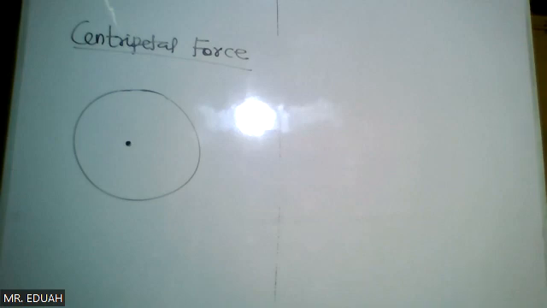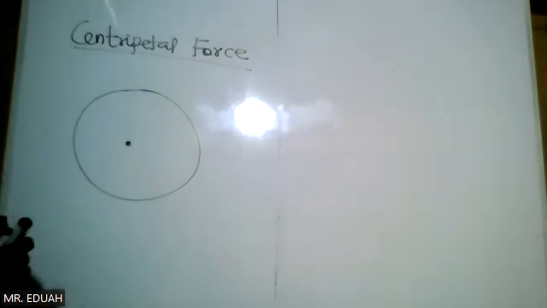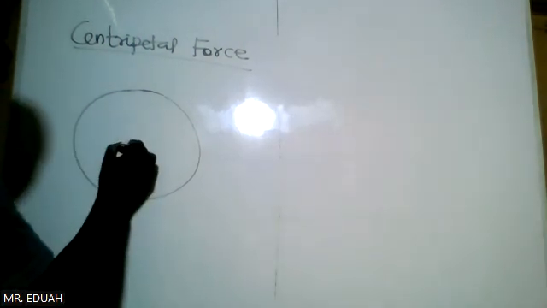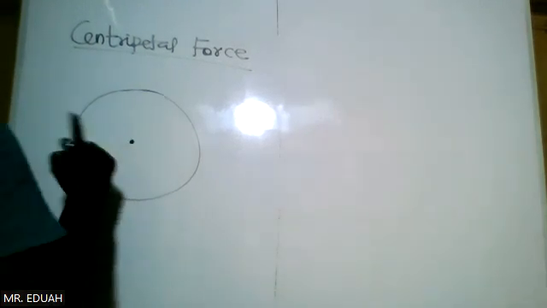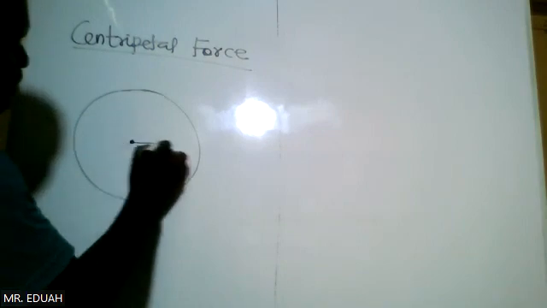Okay, thank you. Whenever a body is in circular motion, there is always a force that keeps it towards the center in order to help the body maintain its position within the circular path.